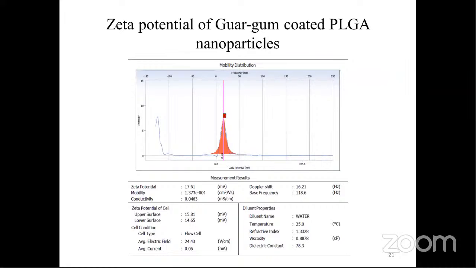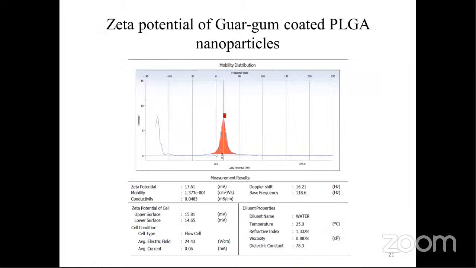PLGA was opted so that the entrapment efficiency could be retained, and guar gum was coated on PLGA nanoparticles so that the targeting property could be achieved. This was confirmed by taking the zeta potential of nanoparticles after coating with guar gum. The shift in zeta potential confirmed the conjugation of guar gum to PLGA.